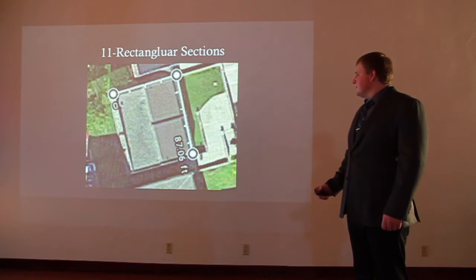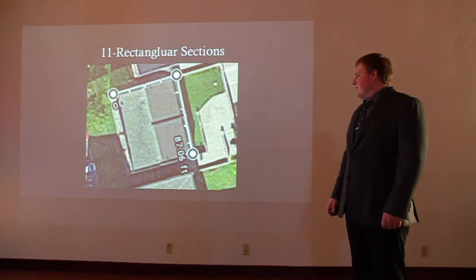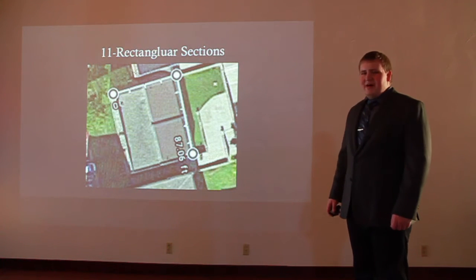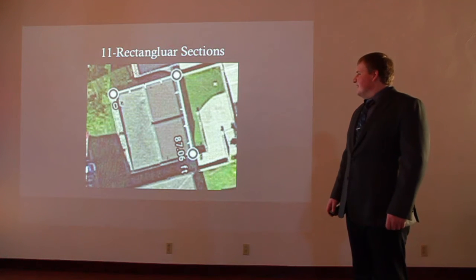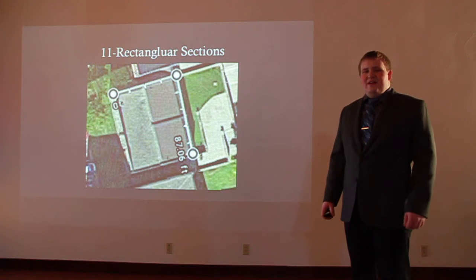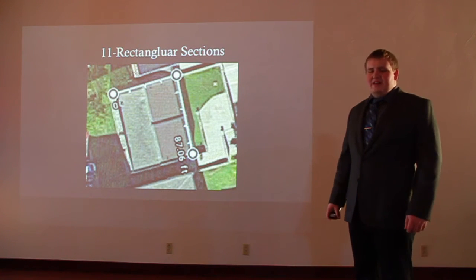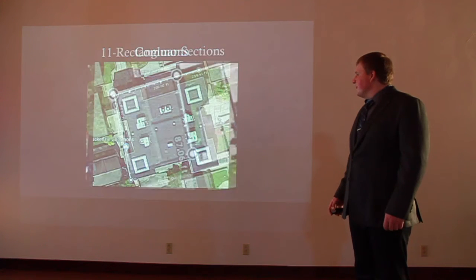Next, I'm looking at 11 different rectangular sections that make up another part of the residence hall, and they measure approximately 47 by 40 feet. There are 6 of these sections that are connected in sets of 2, and then there are 5 that stand alone by themselves.